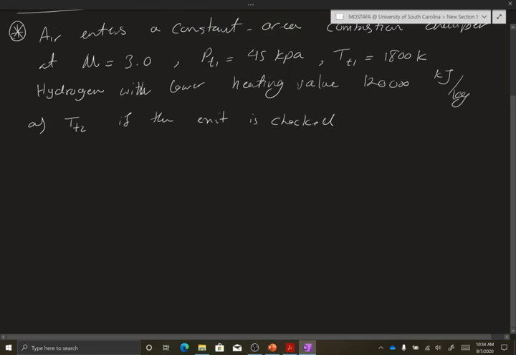And we are also asked to find the maximum heat release per unit mass of air, Q star.